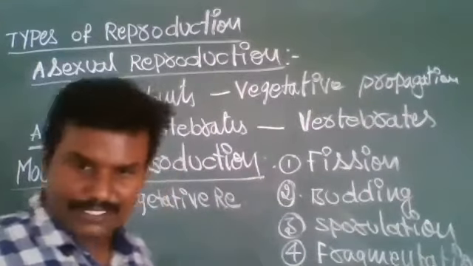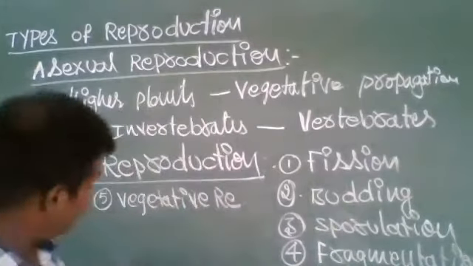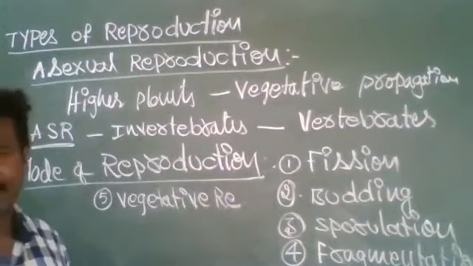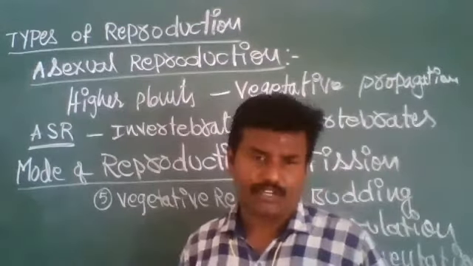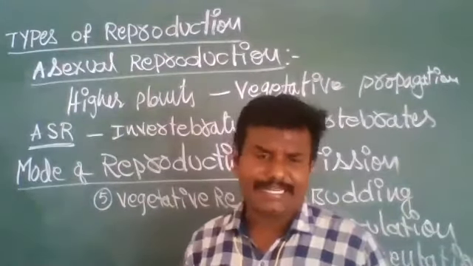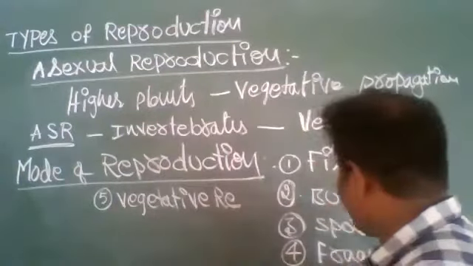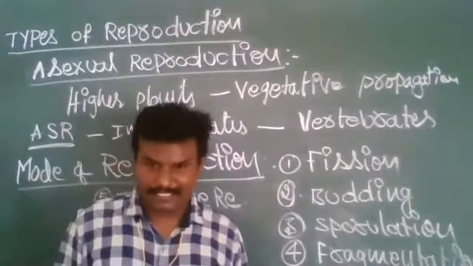Higher plants show this type of reproduction. Asexual reproduction is also called vegetative reproduction in higher plants. So in these many ways, asexual reproduction takes place.